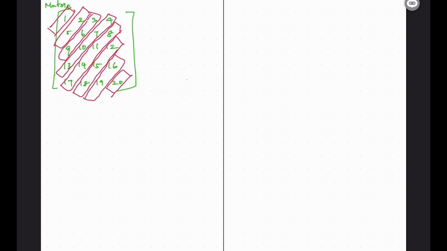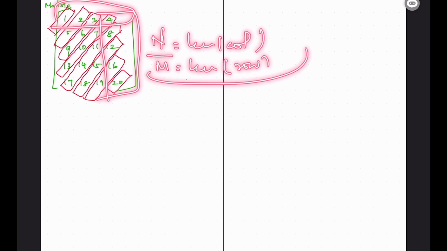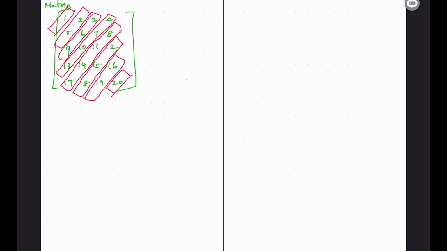So how many traversals will there be in total? We'll call n the length of the row and m the length of the column. If you traverse the length of the row and the length of the column, this gives you the total number of traversals, correct?